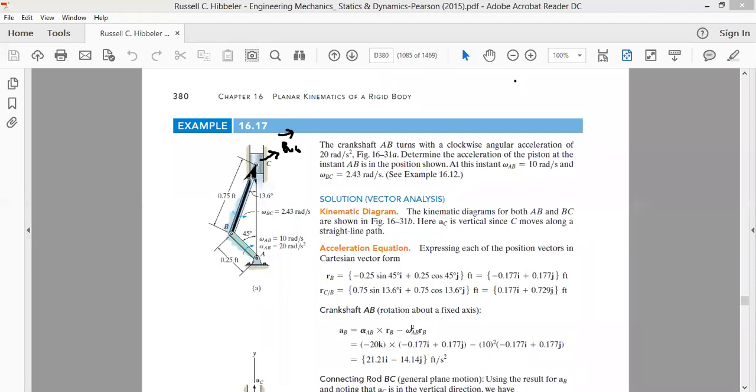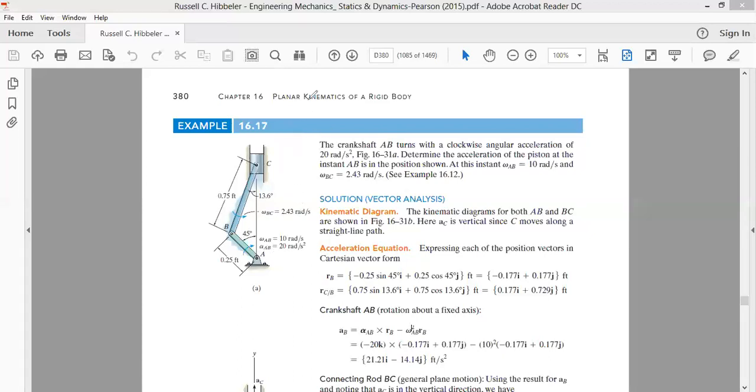So we can write the acceleration of C in terms of the acceleration of B. But the translational acceleration of B is not given to us, so first and foremost we have to find the acceleration of B.